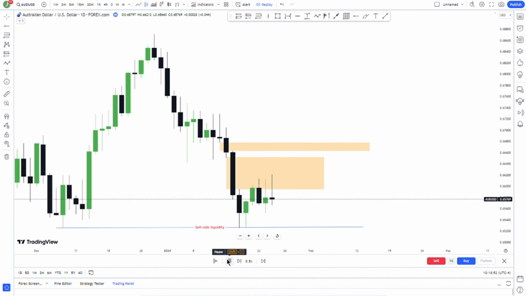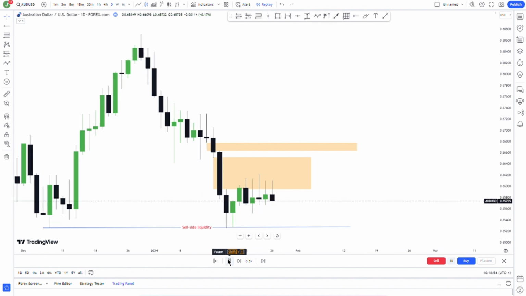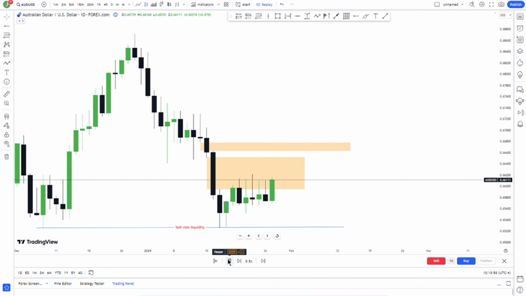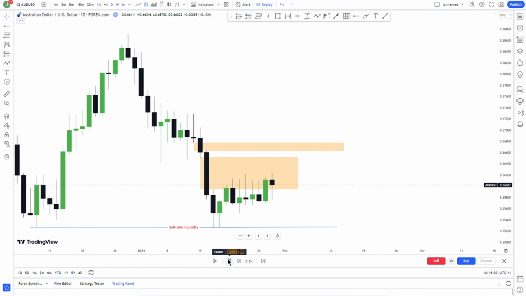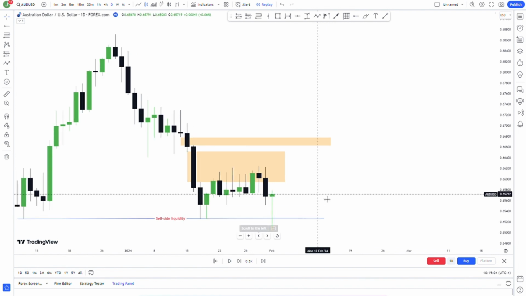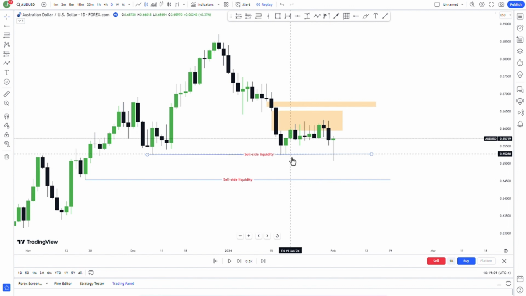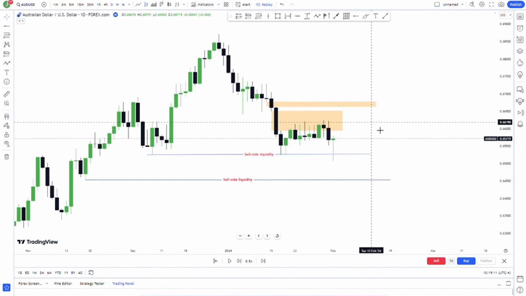If we let it play on, we can see the market has been rejecting that fair value gap for more than a week, and then ultimately it sold and traded through this sell-side liquidity level.